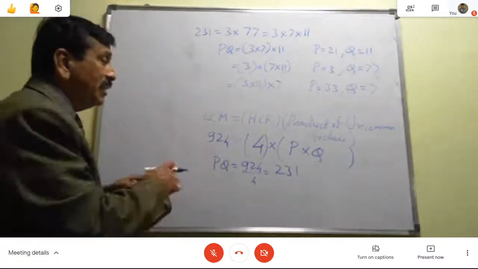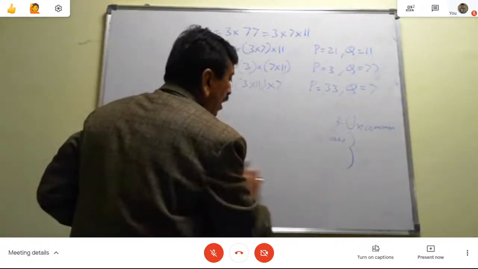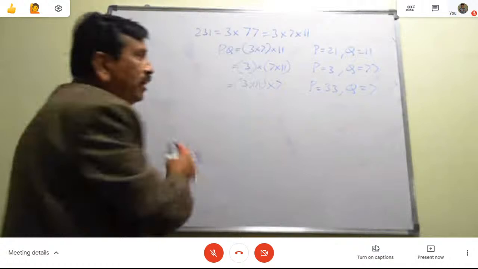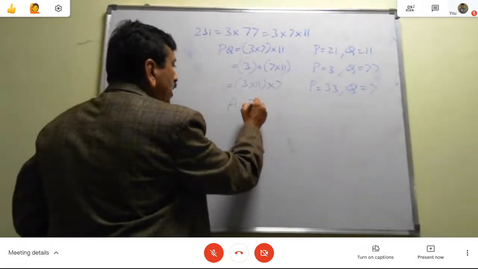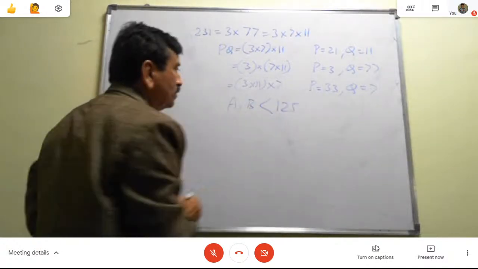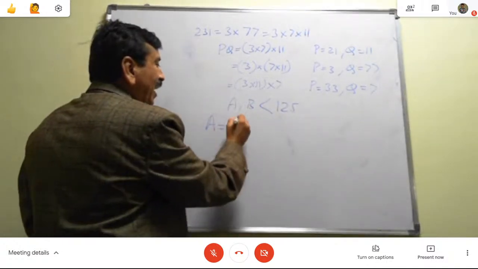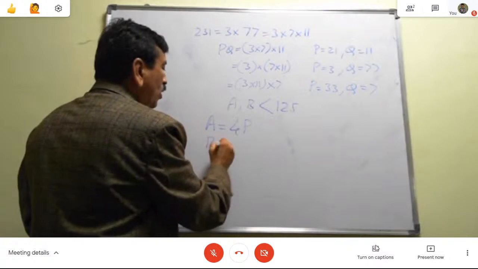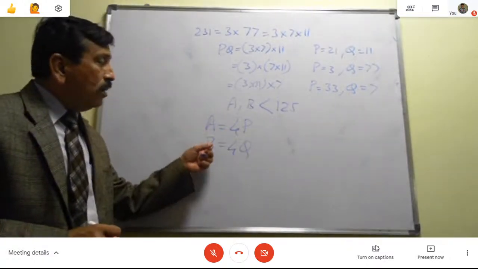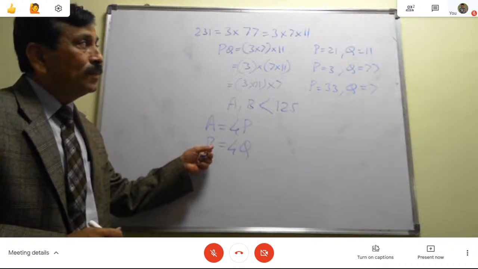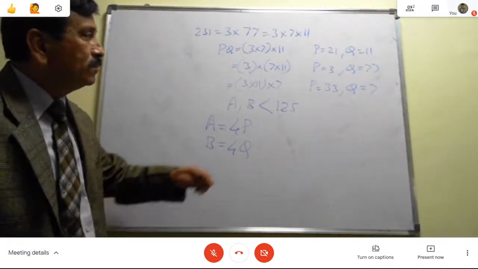But our consideration here is that our numbers A and B are less than 125. A and B are less than 125. And what is A? A is equal to 4P. What is B? B is equal to 4Q. So we are multiplying by 4 for both. Okay. So look here.